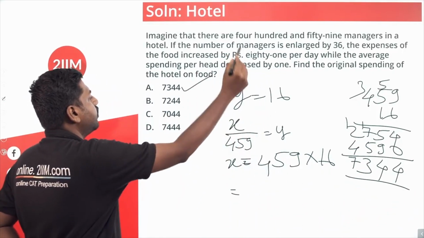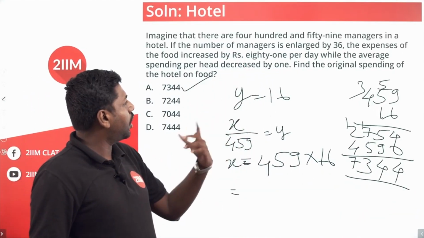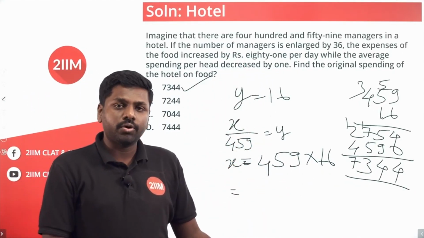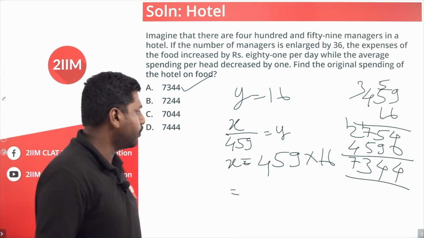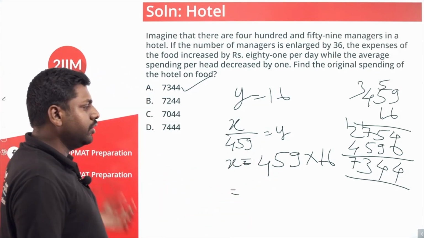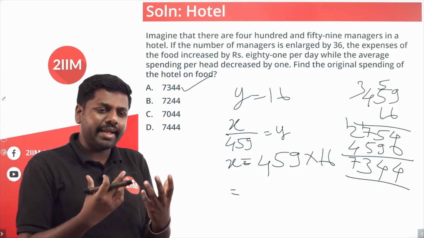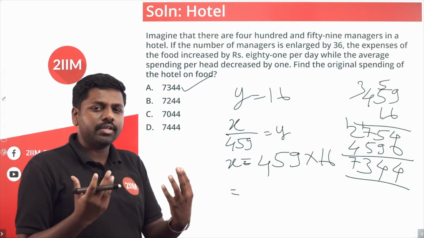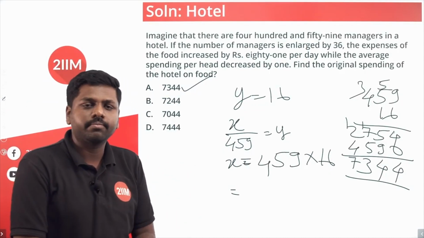Yes, we have a winner. 7344 is the original amount that was spent by the hotel, or by the managers, on food. Interesting question, nothing fancy, but you need to get the idea of averages and percentages clubbed together in one question.